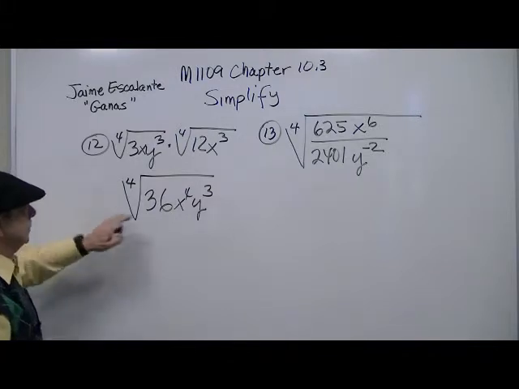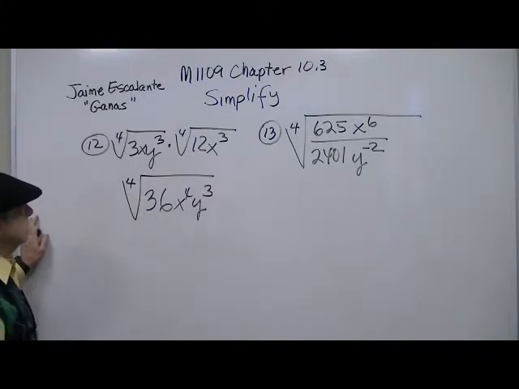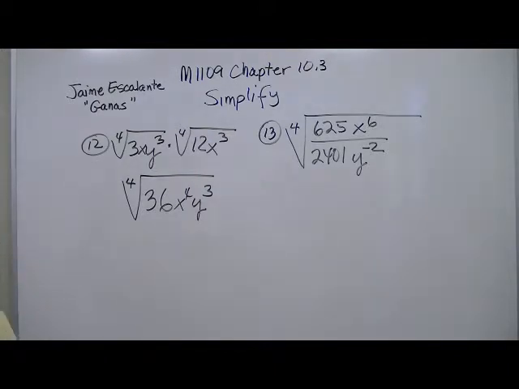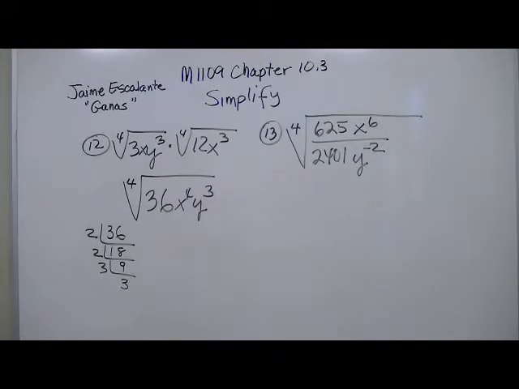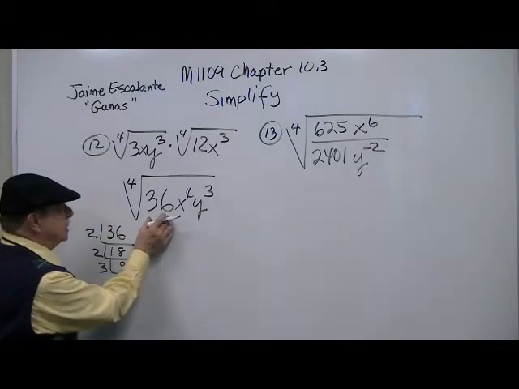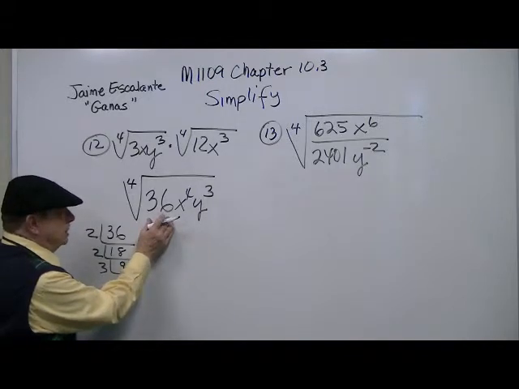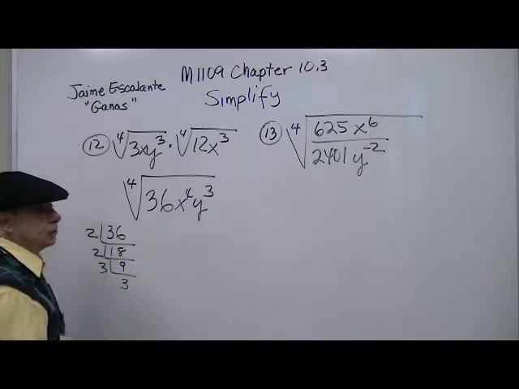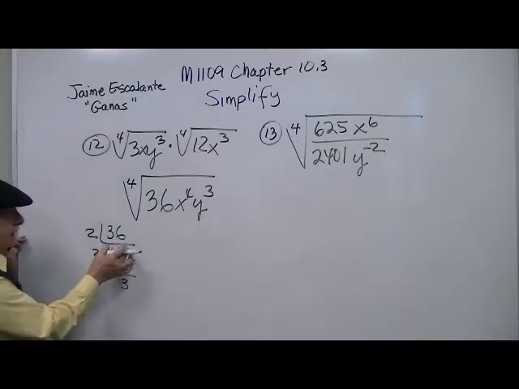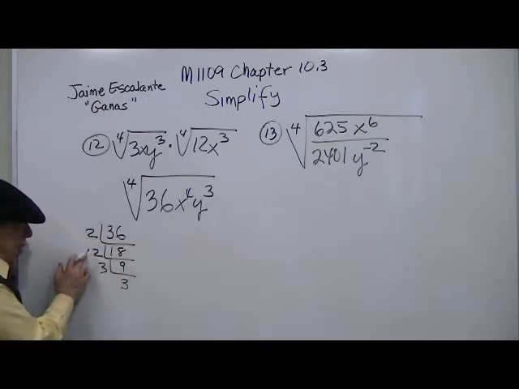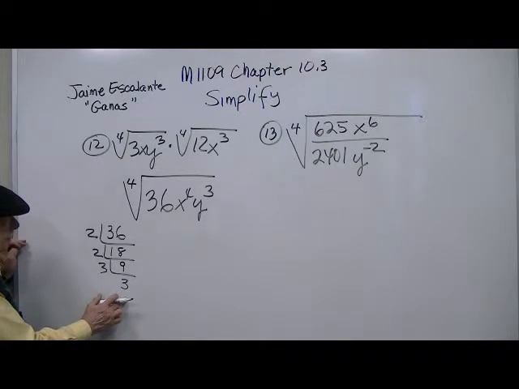Now, when you look at 36, is there any number that is a perfect fourth factor of 36? And if you're not sure, a technique might be to find its prime factors.